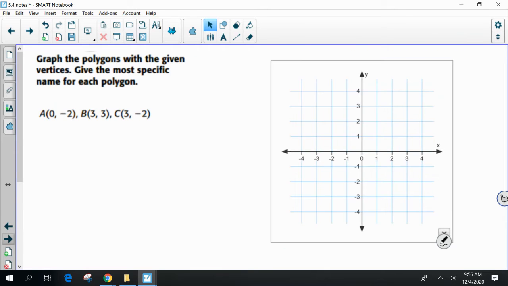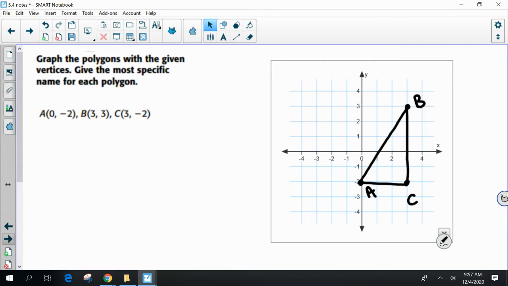Okay, so if we look at the next one, we have 3 points, so this has to be a triangle. Okay, so we're going to classify this triangle by the angles and by the sides.